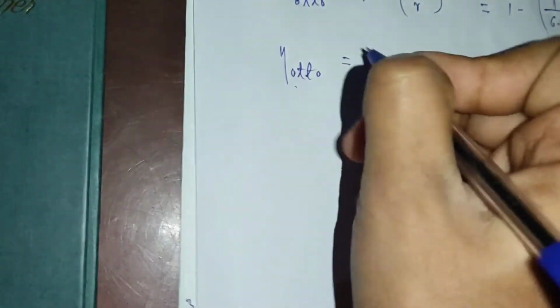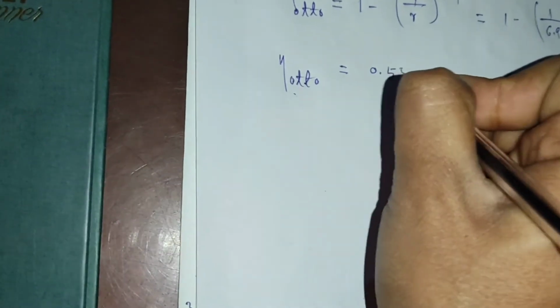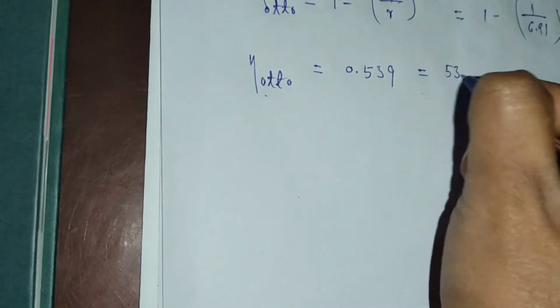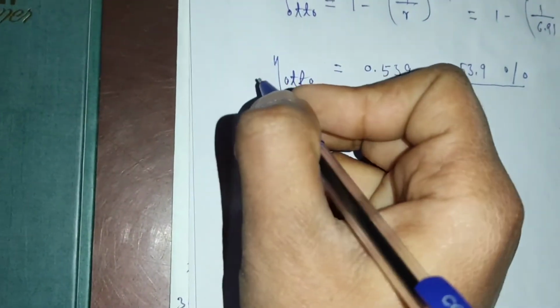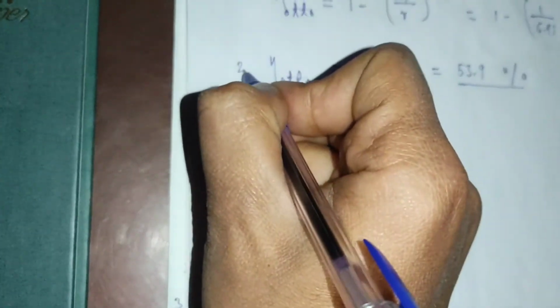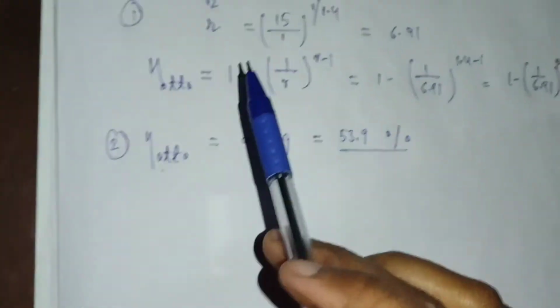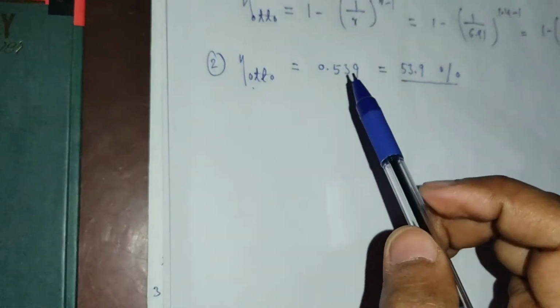So after calculating, we will have eta Otto equal to 0.539, which is equal to 53.9%. We have calculated two values, compression ratio and thermal efficiency of the process.